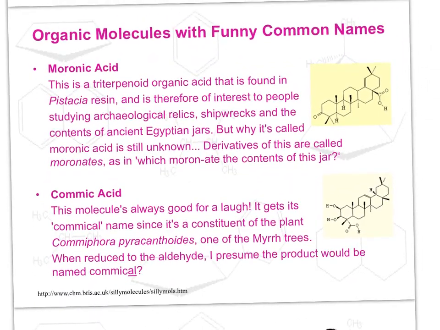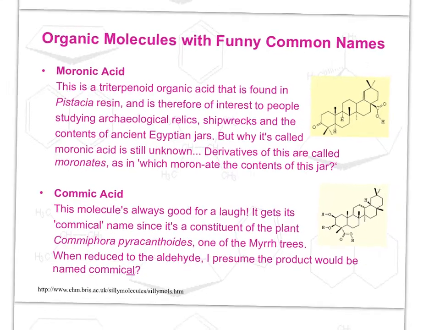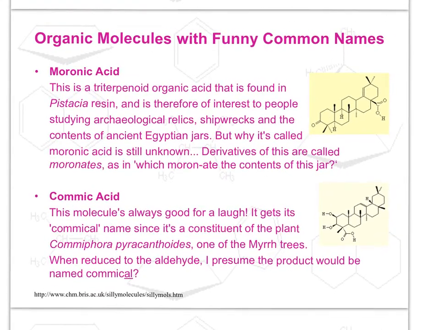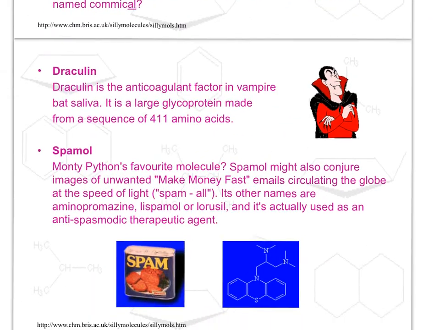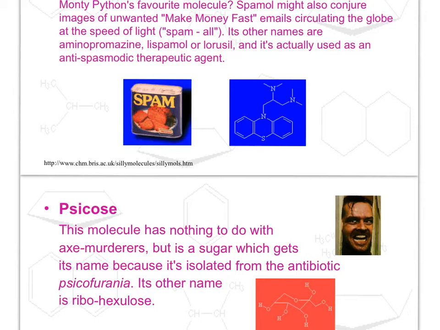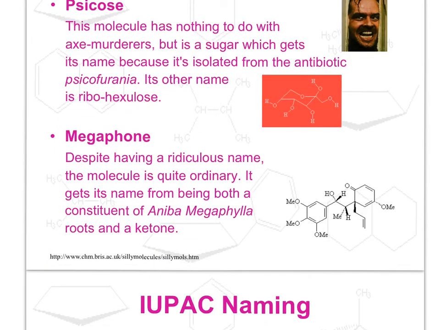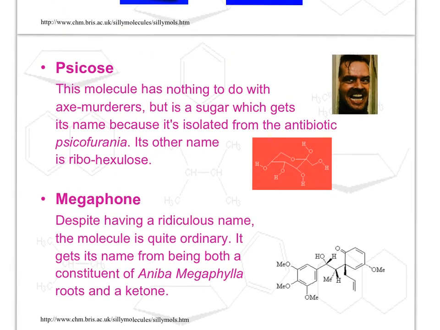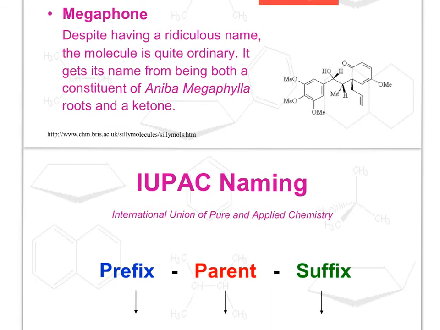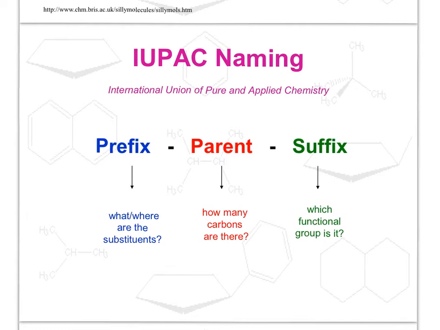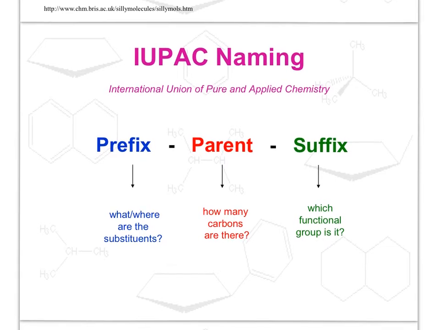I also thought it would be funny to show you some of the interesting names of some organic substances. There's moronic acid, comic acid, draculin, spamol, psychose, megaphone. So there's a lot of funny names. Organic chemists like to have fun with their naming, but these are more common names as opposed to the accurate system. So let's look at the actual IUPAC naming system.